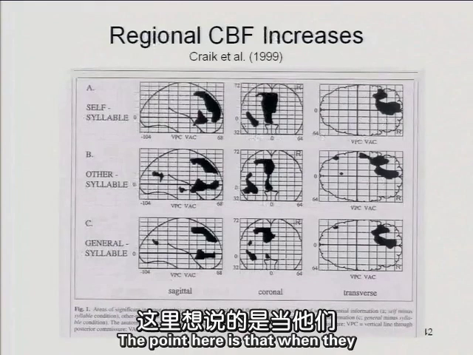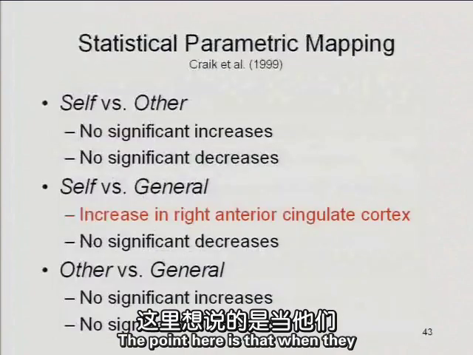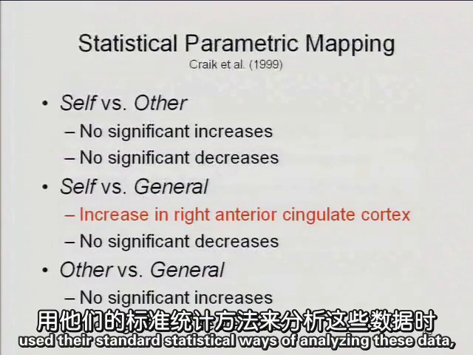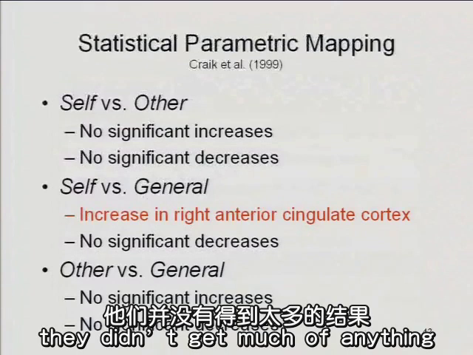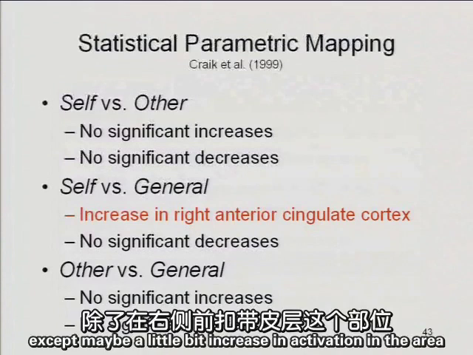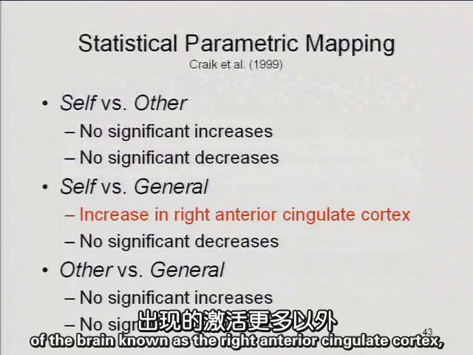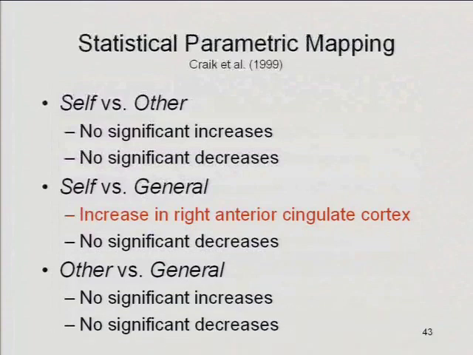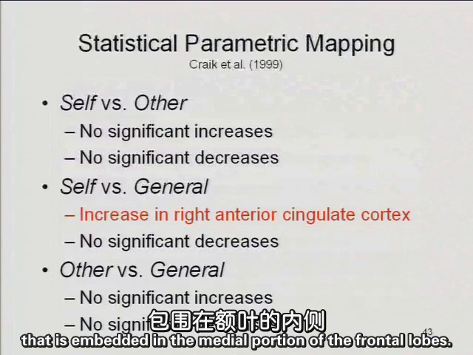The point is that when they used their standard statistical ways of analyzing this data, they didn't get much of anything except maybe a little bit of increase in activation in an area of the brain known as the right anterior cingulate cortex, a piece of the brain that's embedded in the medial portion of the frontal lobe.